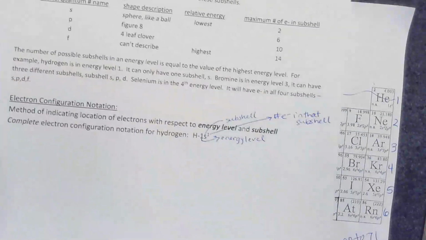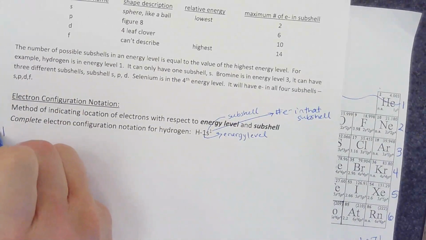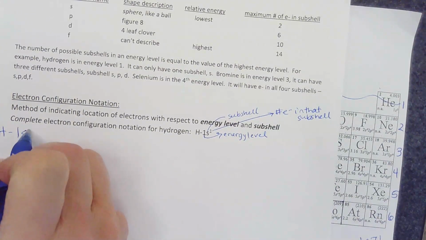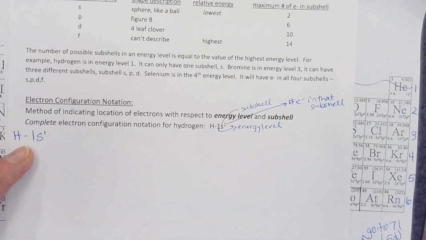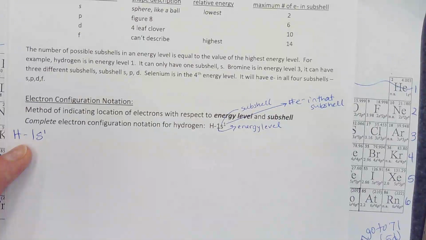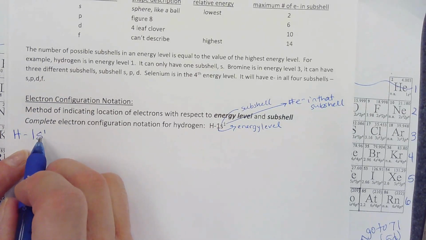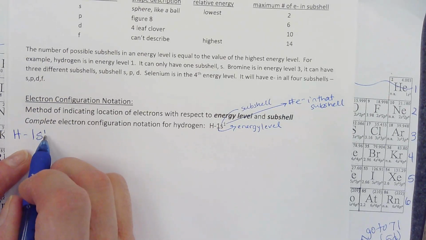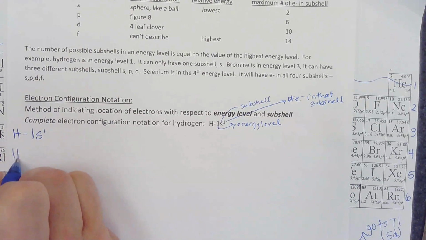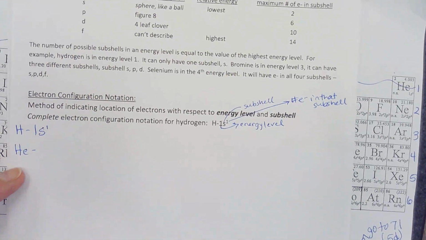Now, I want you to rewrite hydrogen right here. And folks, I want to warn you ahead of time, you need to write neatly. It's a big number 1 and it's a little lowercase s and it's a superscript on the s, number 1. You need to write it neatly so you can understand what you're writing. Now I want you to put helium next or underneath it.